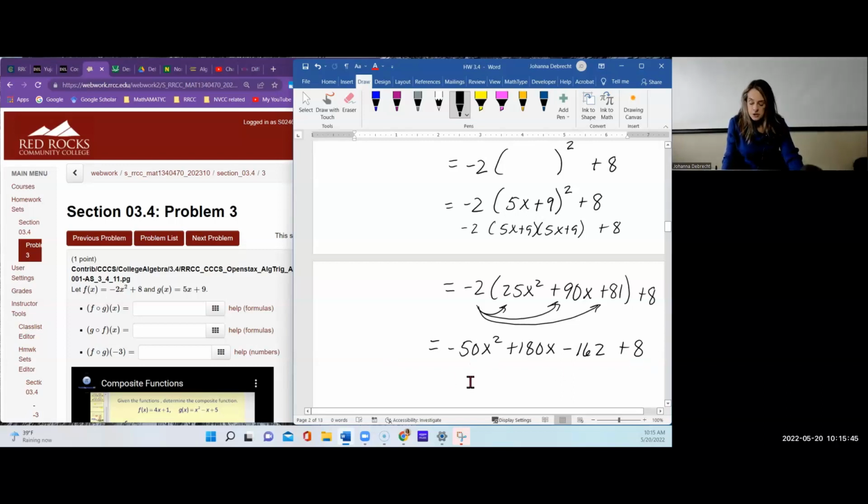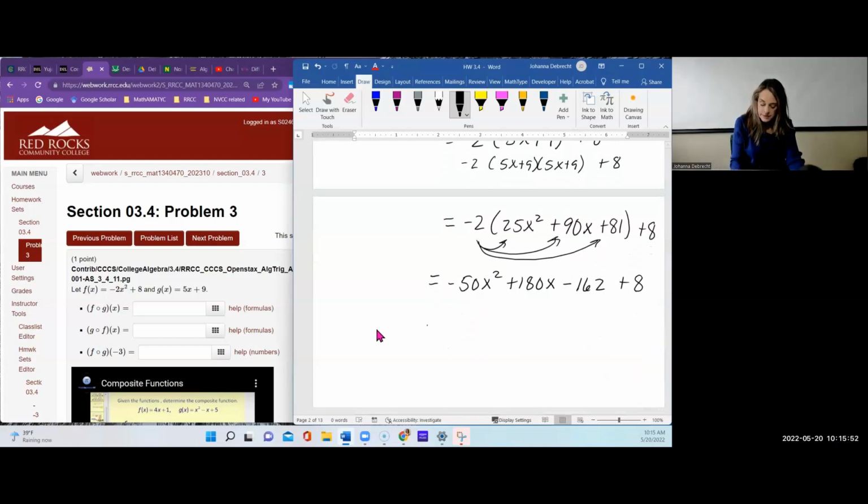Finally, we combine the two like terms, which are the two constant terms, -162 plus 8. Hopefully, I'm not making any arithmetic errors. This would give me -154. That would be f of g of x.